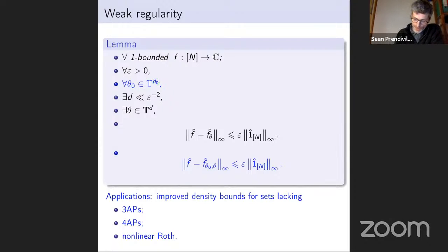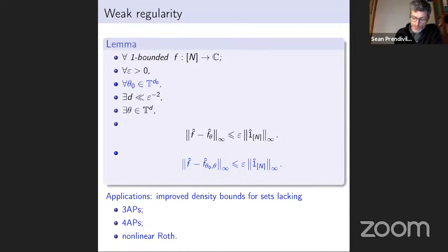This more refined version of the weak regularity lemma says you can refine your vector theta 0 by adding a bunch of new frequencies whose dimension is determined by the level of approximation you're after. You can refine your frequency vector and get a better Fourier approximation.